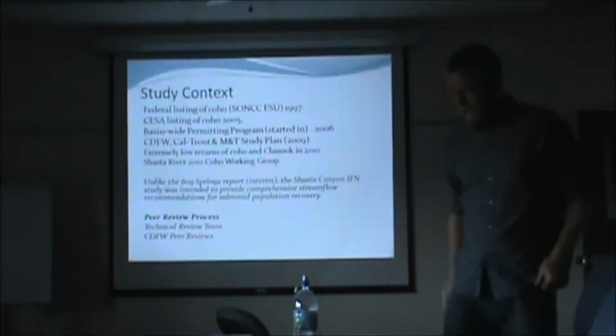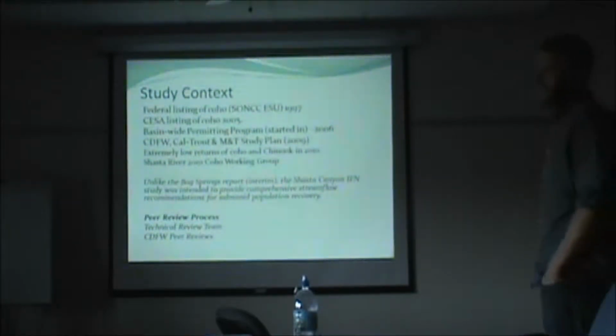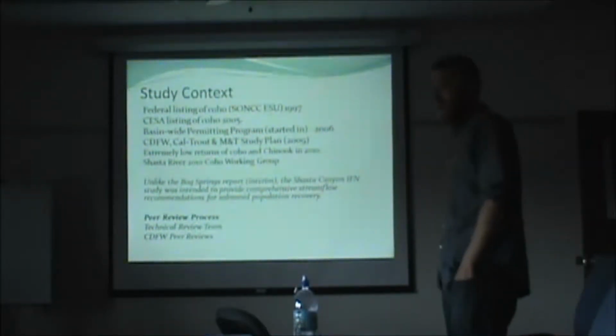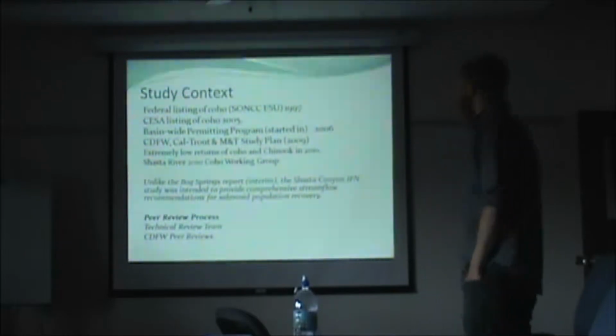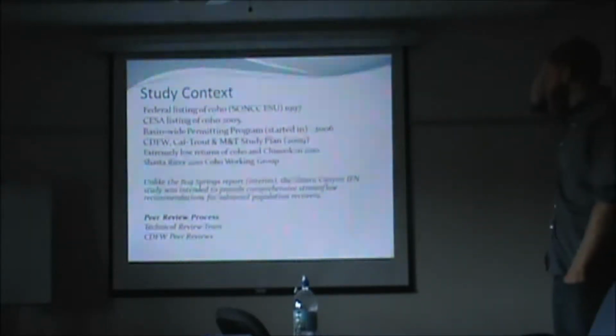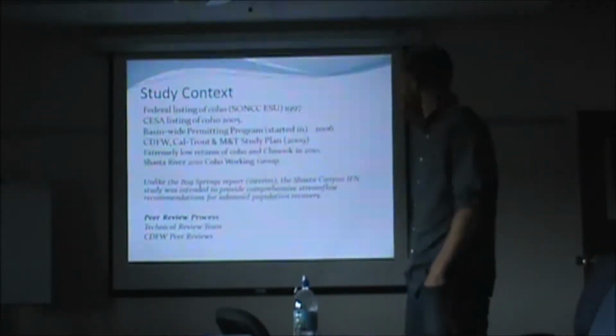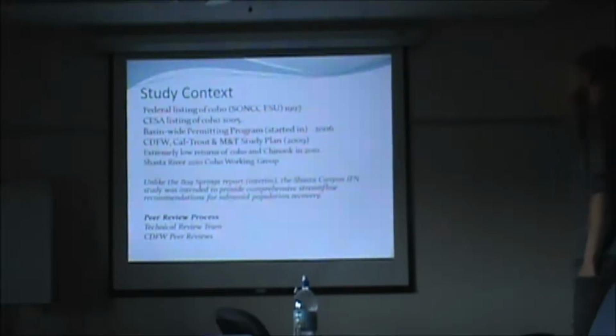So the study context. Coho in this part of the world, the SONCC ESU, Southern Oregon, Northern California evolutionarily significant unit, were listed as threatened in 1997 under the Federal Endangered Species Act, and the State Endangered Species Act listing of coho was 2005.